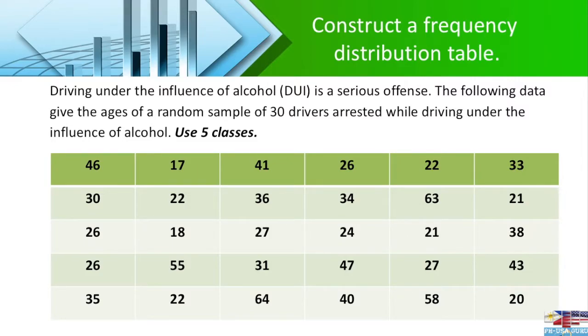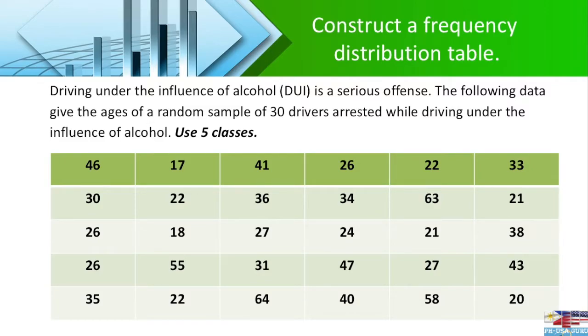Given the following data, this data is about driving under the influence of alcohol, which is a serious offense. The following data gives the ages of a random sample of 30 drivers arrested while driving under the influence of alcohol. Use 5 classes.